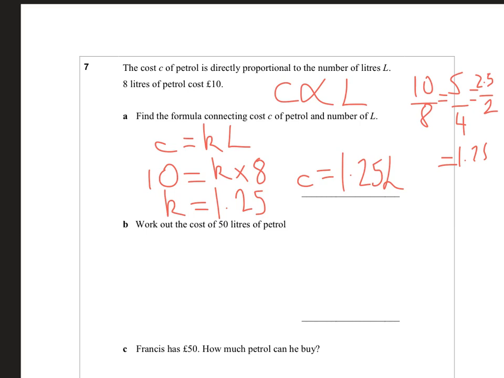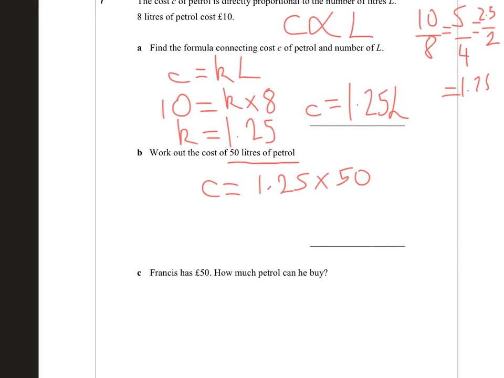Work out the cost of 50 litres of petrol. So the cost is 1.25 times 50. Some of you got that one a bit wrong. You could just times it by 100 and then half it, because 50 is half of 100.